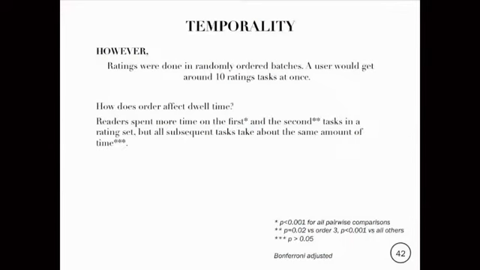However, like I mentioned a moment ago, we would give people batches of tasks. So it wouldn't just be one query and then one result that you classify, because that slows things down and they always have to learn a new query. And so I started looking at whether the order affects dwell time.